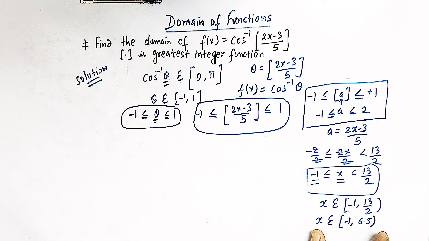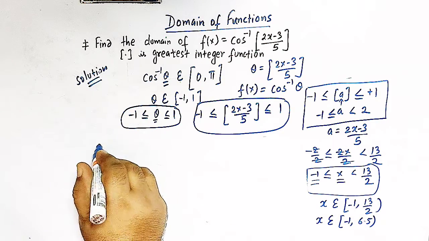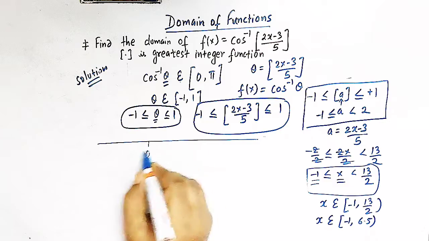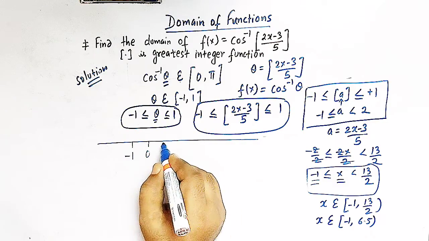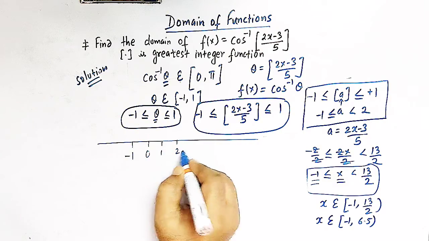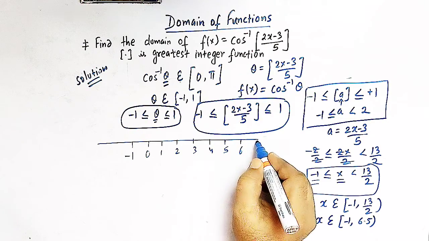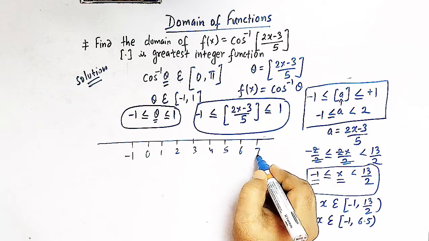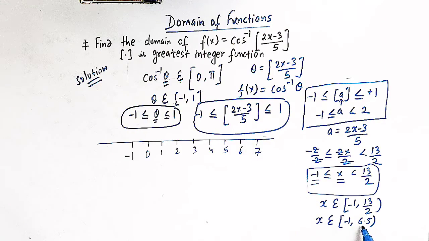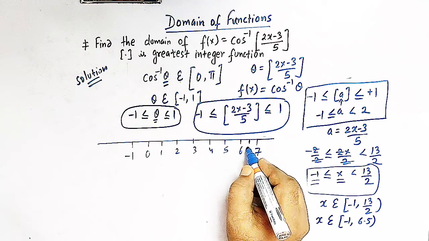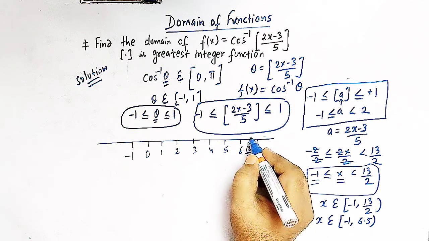So let us represent this interval on the real number line. So here we have 0, here we have minus 1, then we have 1, 2, 3, 4, 5, 6, and here we have 7, right? So 6.5 lies somewhere here. So here we have 13 over 2, and we can draw a circle here.